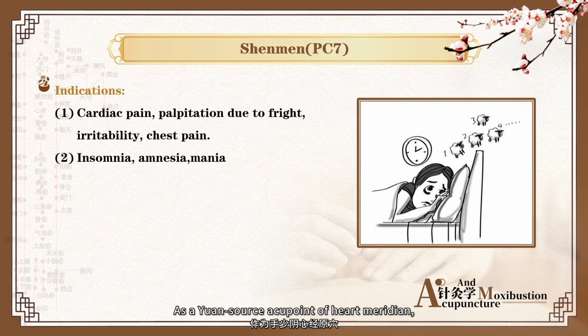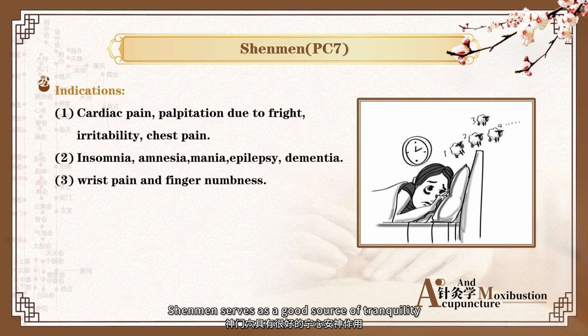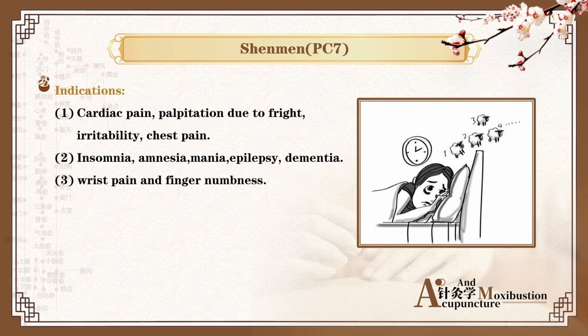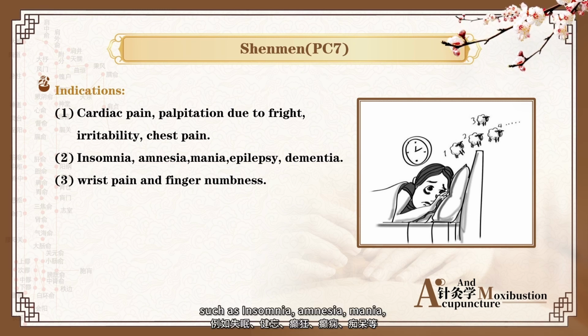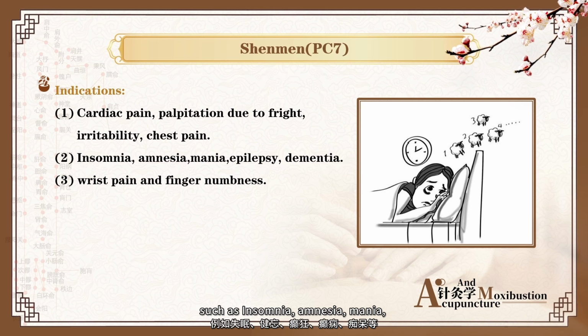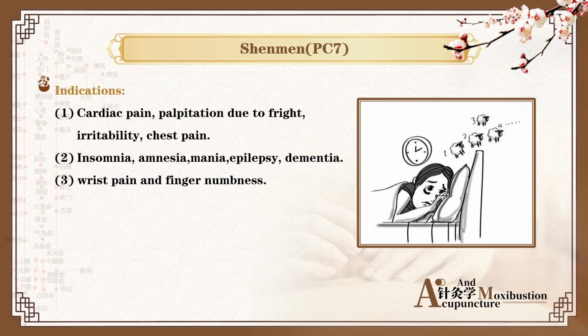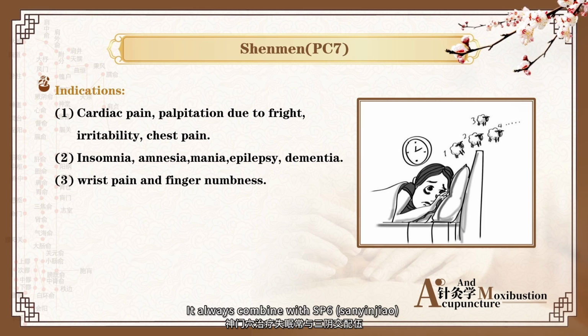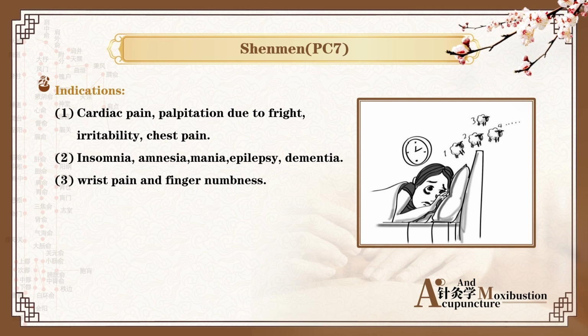As a yuan source acupoint of heart meridian, Shenmen serves as a good source of tranquility. It is commonly used to treat neuropsychiatric symptoms such as insomnia, mania, apoplexy, dementia. It is always combined with spleen 6 to treat insomnia.